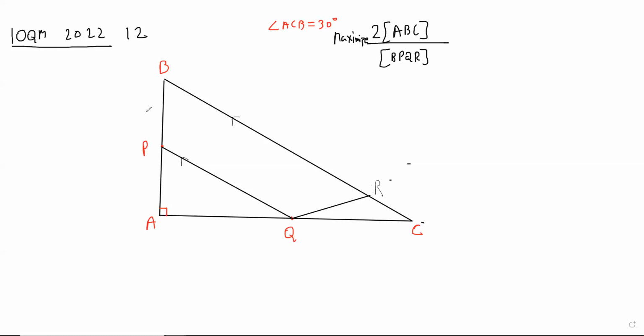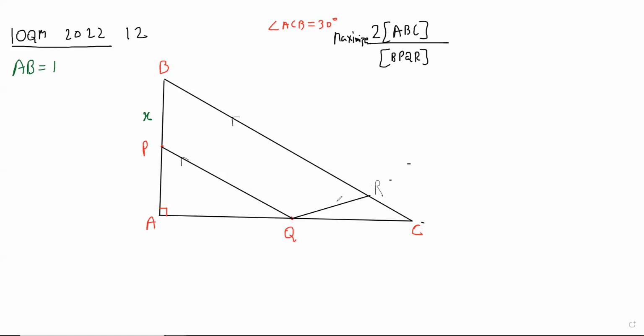So maybe we can say, okay, let PB equal to X. If we take PB equal to X, it's not a problem to assume that AB equal to 1, because this is about ratio, right? So we can magnify the shape and scale it so that AB is equal to 1.